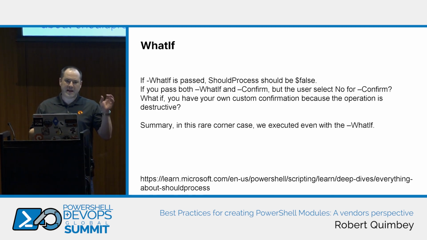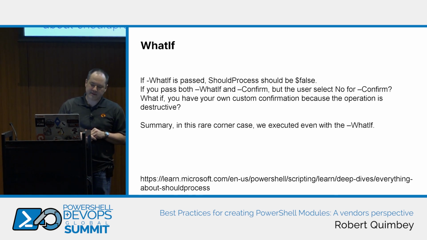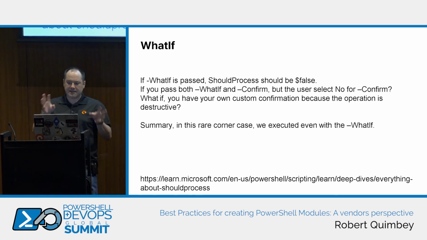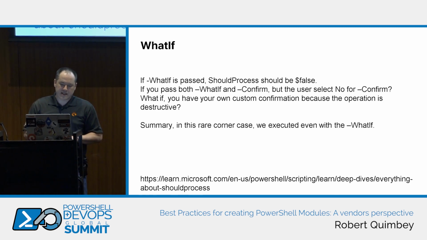But then we had a custom confirmation for a very specific small number of commandlets, because the operation was destructive. And we found that in this triple whammy of strange configuration, we would execute even if you used what if.